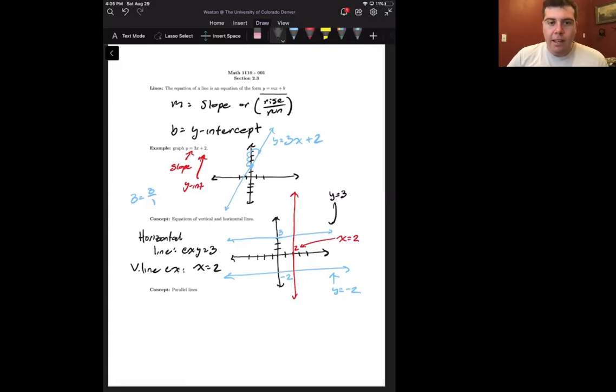Sometimes if we have a line, we are also interested in finding a line parallel to it. We could do that by first drawing a picture and then pulling out a concept that will let us see what the parallel line has to be.